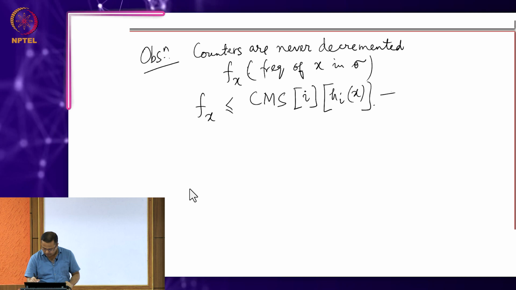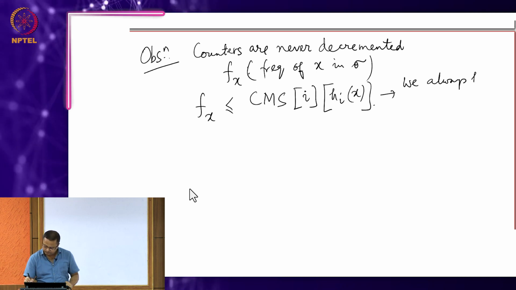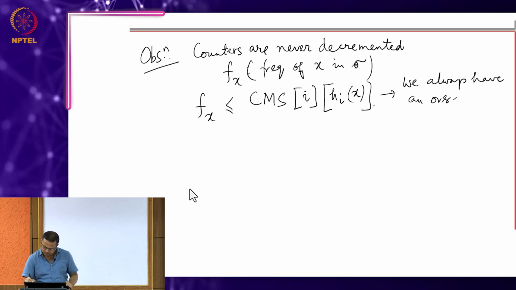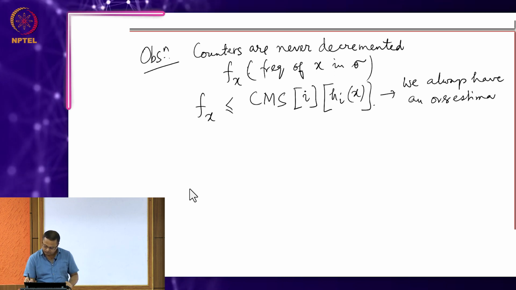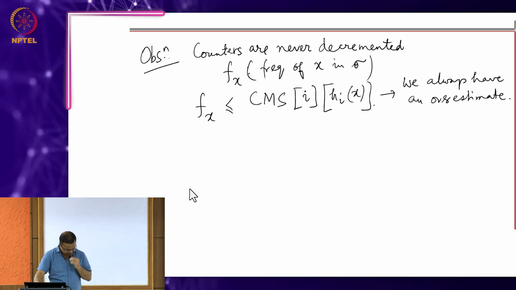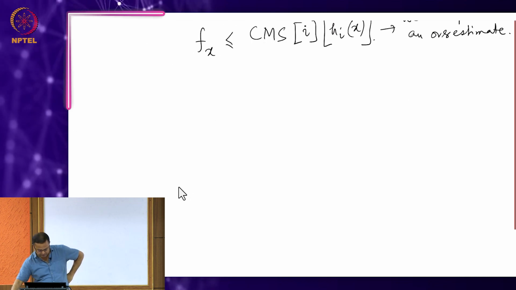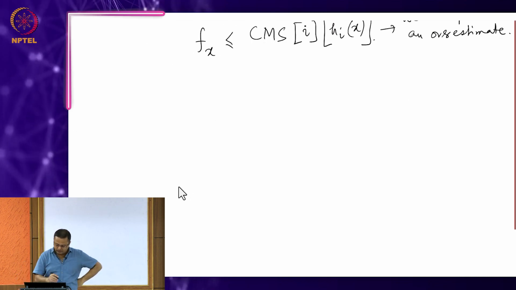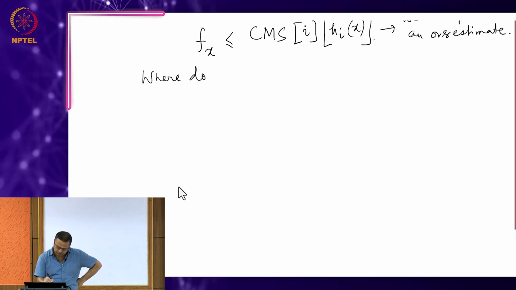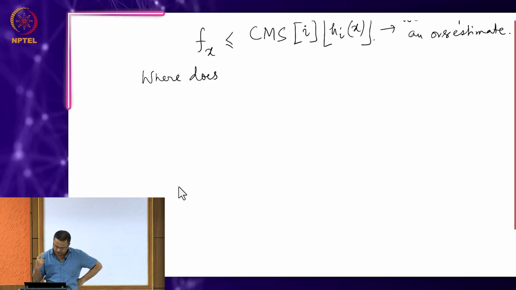So it means we always have an overestimate. Where does this overestimate come from? That we have to fix now, to fix our count, to fix the algorithm for the operation count.